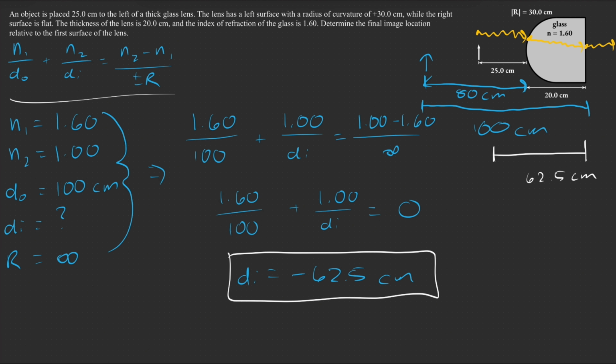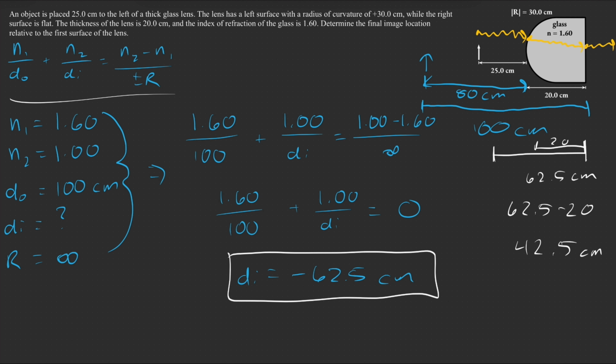In this case, it's asked, well, what is it relative to the first surface of the lens, which is the curved surface? Now, we know that the whole lens is 20 centimeters long. So how far is it compared to the curved part? Well, that would be 62.5 minus 20, which is 42.5 centimeters.